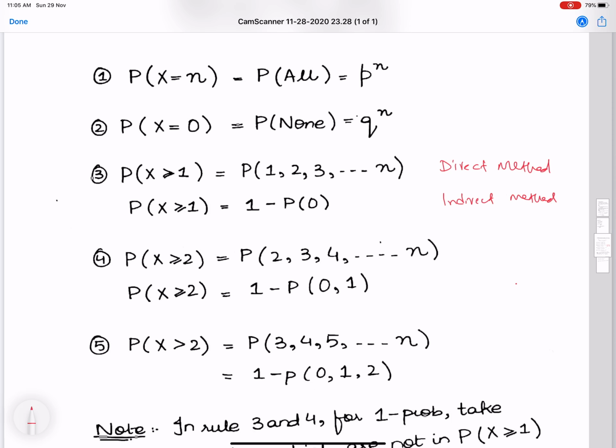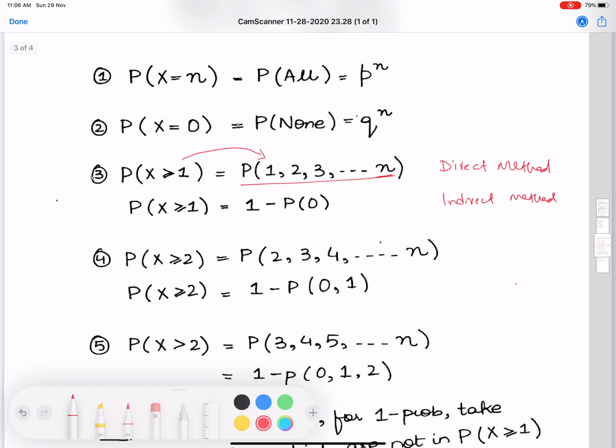Since we have done these things in probability, you will easily understand them. Now, for at least one, you must start from 1. Your number could be 1, or 2, or 3, up to the last value, which is n. Since this method is very lengthy, you have to use the indirect method.